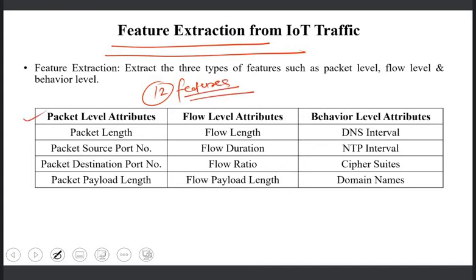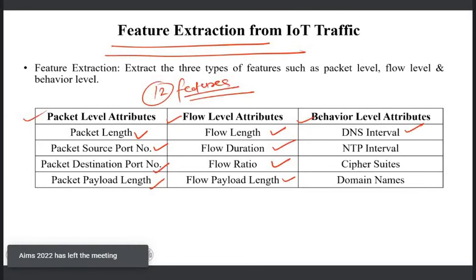Some are packet level, some are flow level, some are behavior level. They are packet length, source port number, destination port number, payload length, flow duration, flow length, flow ratio, payload length, DNS interval, NTP interval, cipher suites, and domain names.